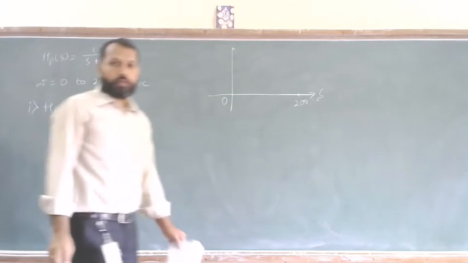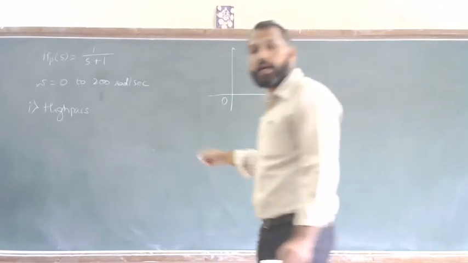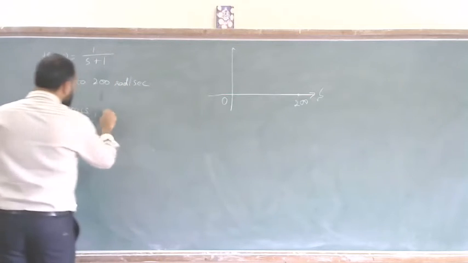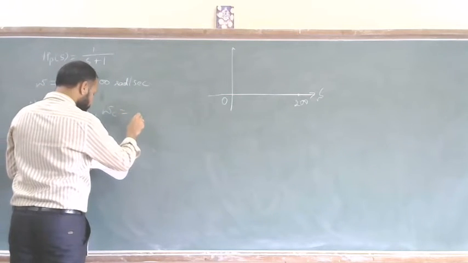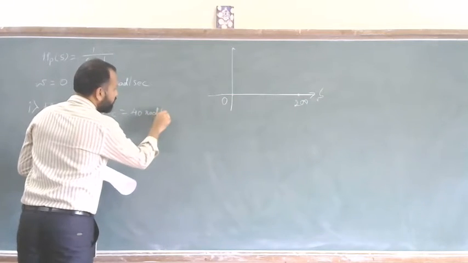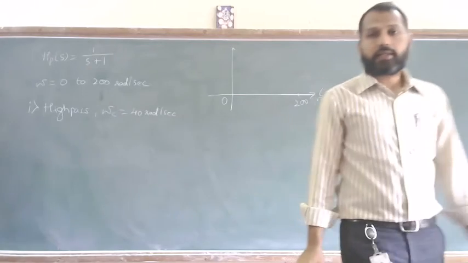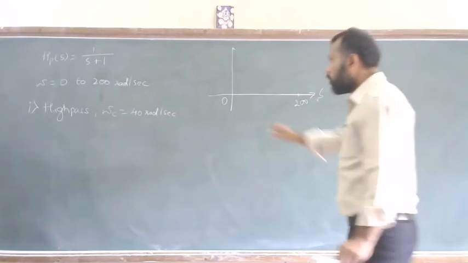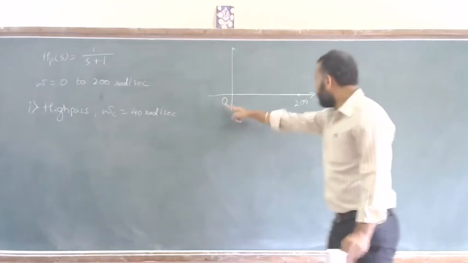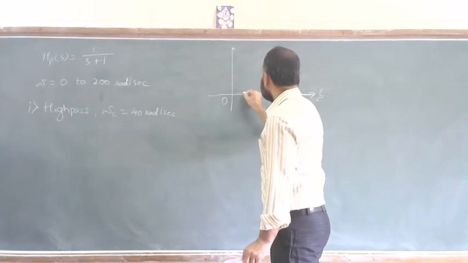The first filter that we need to obtain from this low pass prototype filter is a high pass filter for the cutoff frequency 40 radians per second.